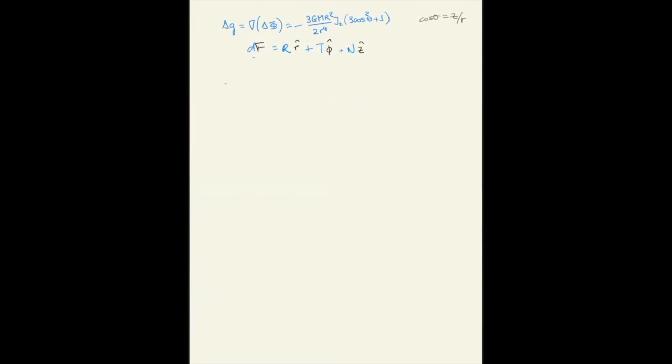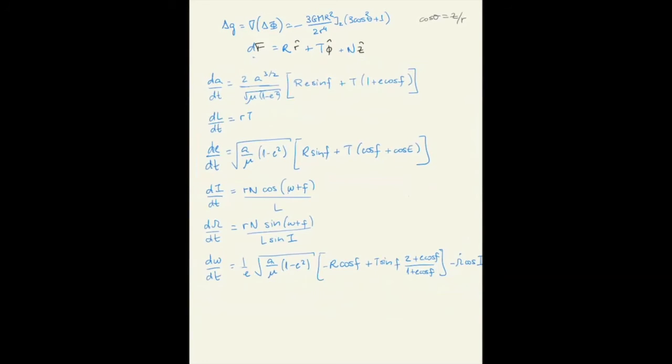If you bring again the Gaussian equations, there is no azimuthal perturbation. And let's ignore for now the vertical perturbation. So you're left with very little. You have a semi-major axis disturbance, an eccentricity disturbance, and a disturbance on the argument of perihelion. Notice that the angular momentum is conserved, as you expect for a central force.